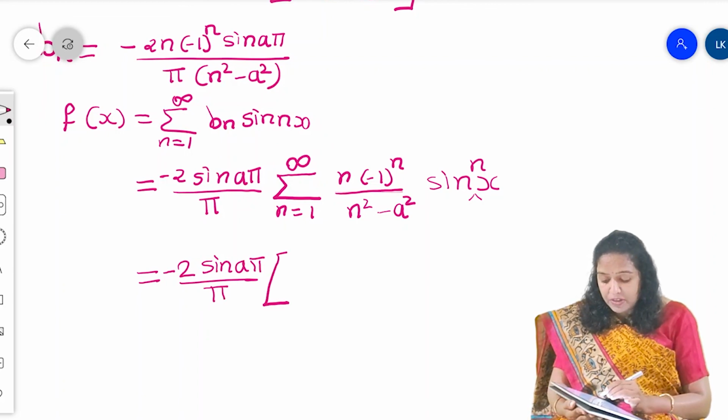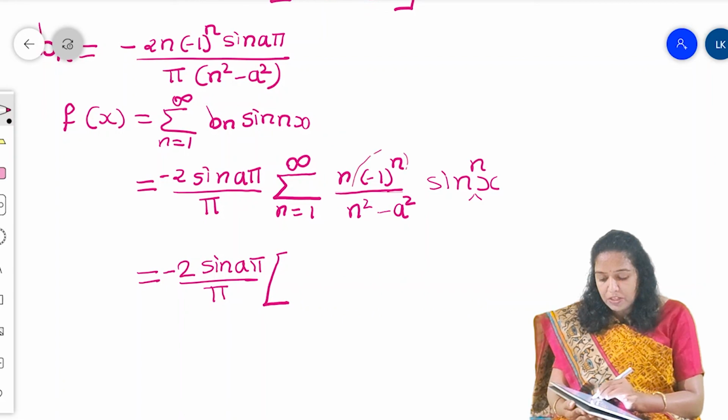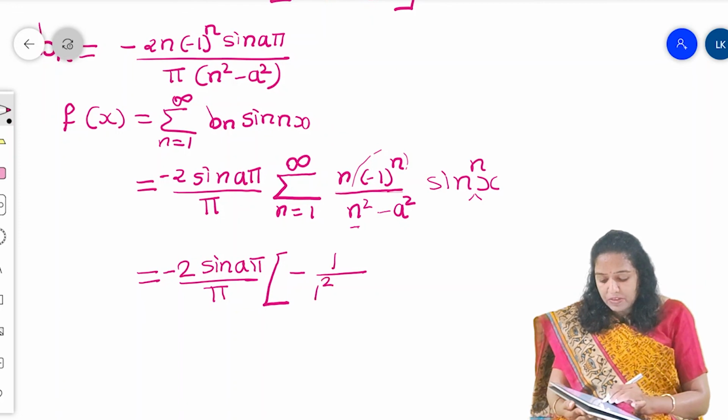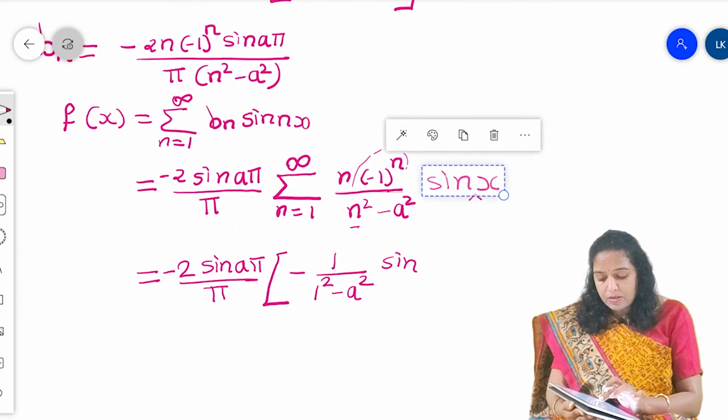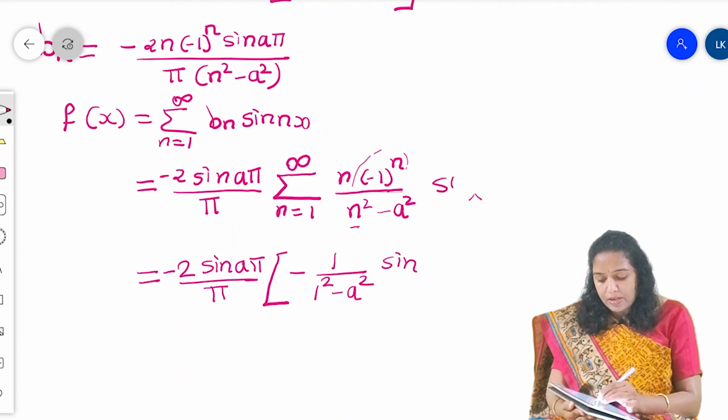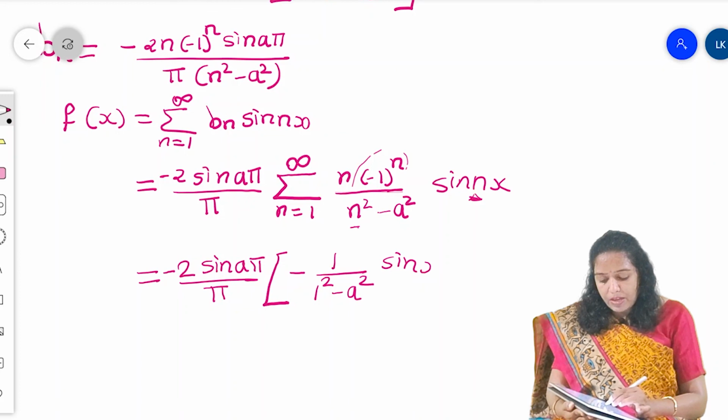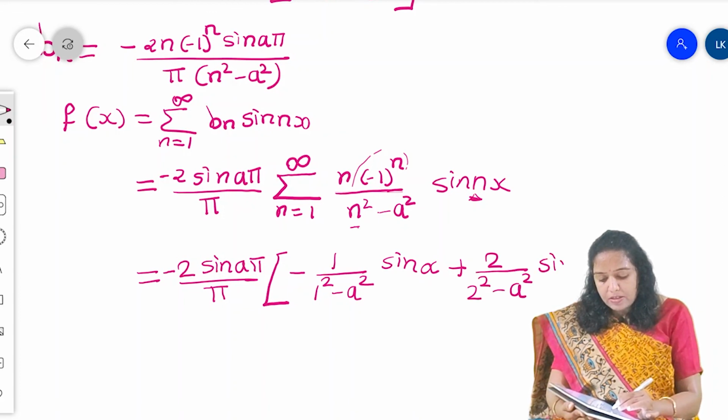First substitute n is 1, that is minus 1 raised to 1, it is minus 1 upon 1 square minus a square, sine x, plus second term n is 2, that is 2 upon 2 square minus a square sine 2x, plus dot dot dot.